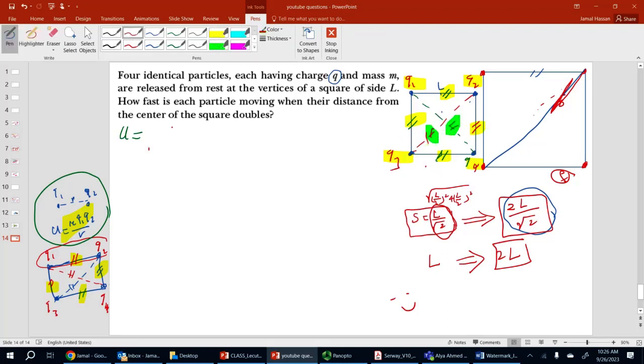So now the total U for that combination is equal to, you have 4 terms of K Q1 Q2, which means Q squared, divided by the distance L, plus you have 2 diagonal terms, so it's K Q squared. You have the distance, this diagonal distance, right?